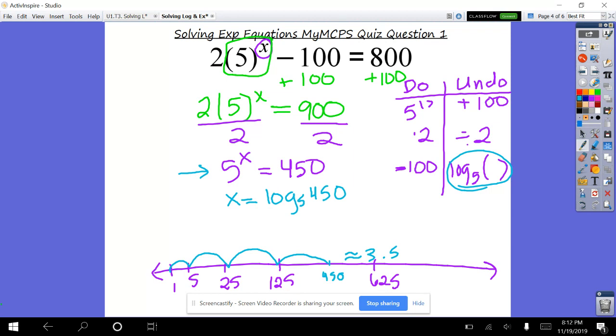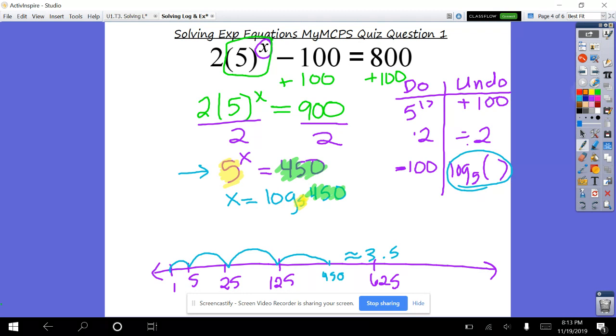If you're confused about this, just focus on the fact that the base of 5 is always the base on the exponent that has x in it. And what goes inside your log is always the number that you're trying to get to using your exponent.